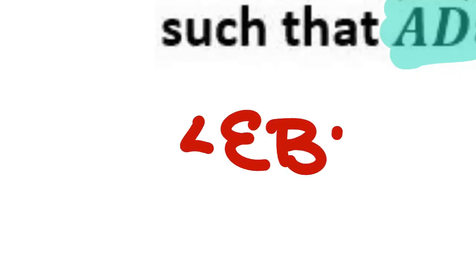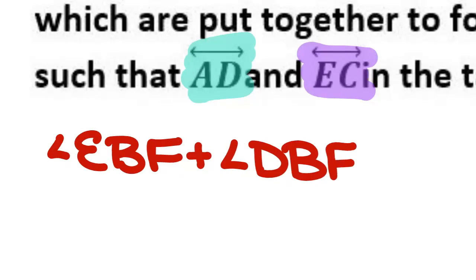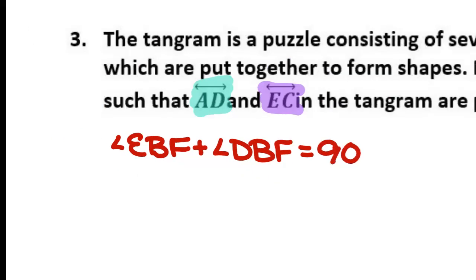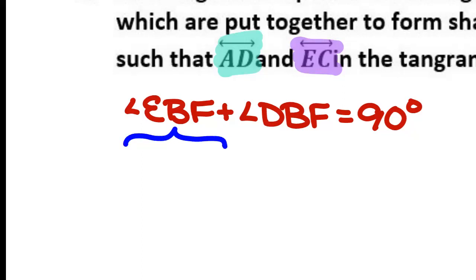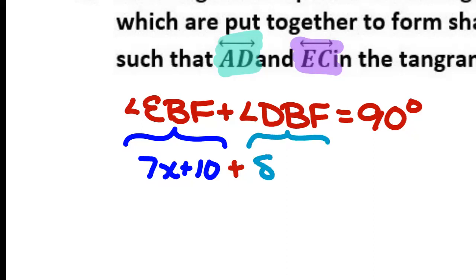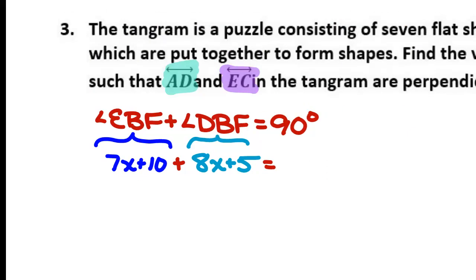So angle EBF together with angle DBF would have to add up to 90 degrees up here, this corner. Angle EBF, according to the picture, is 7x plus 10. And angle DBF, according to the picture, is 8x plus 5. And that equals 90.